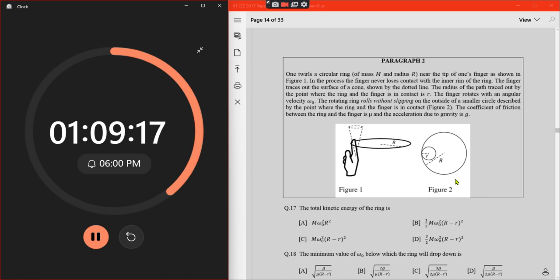Wait, so if I'm gonna wheel something, wait. Yeah, the point of contact, wherever that is, there also changes by the way. The finger rotates with angular velocity omega naught.